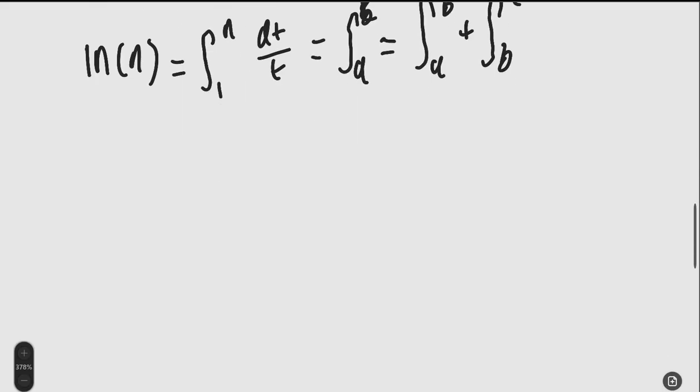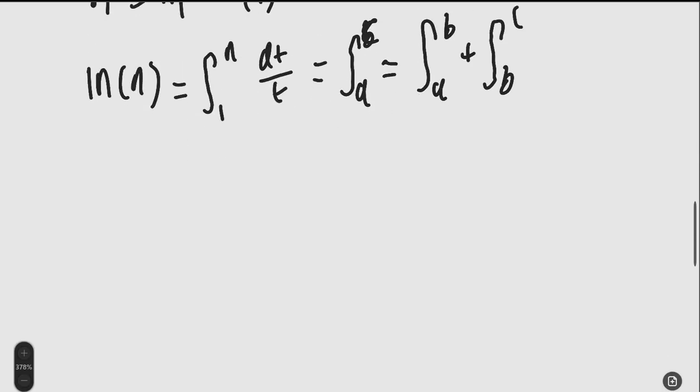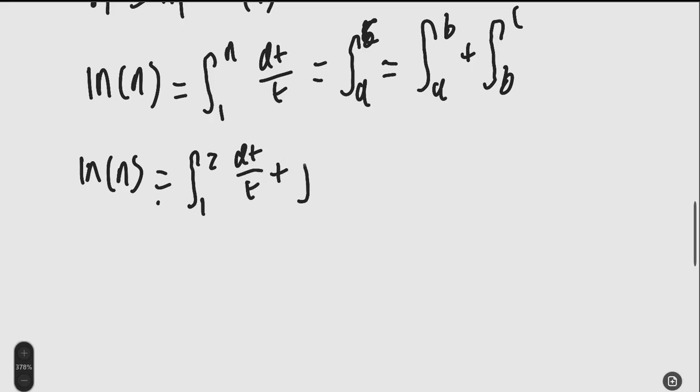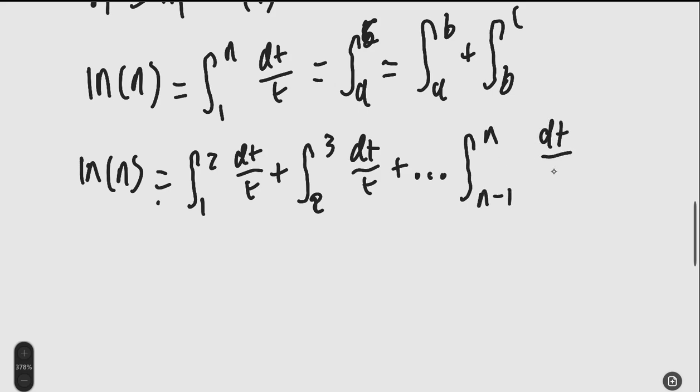So for our case, it's going to be that ln n equals the integral from 1 to 2 of dt over t plus the integral from 2 to 3 of dt over t plus, and so on, up to the integral from n minus 1 to n of dt over t.